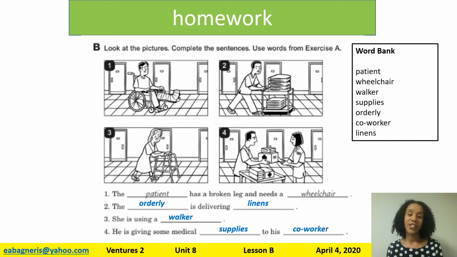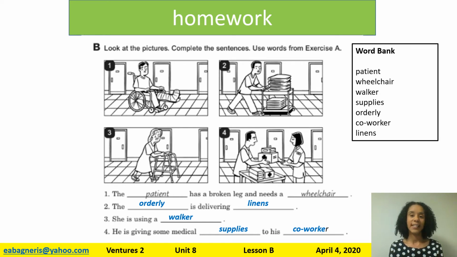In the last picture, there are 2 people. It looks like those 2 people work together. What do you call 2 people who work together? Co-workers, right. And it looks like the man is giving something to the woman. Maybe they are medical supplies.